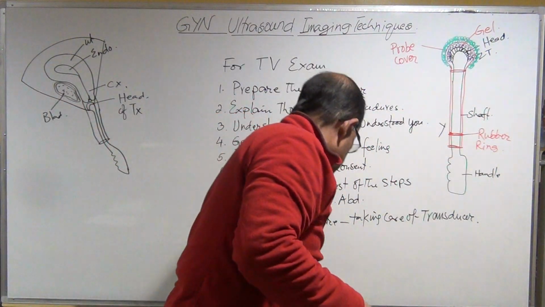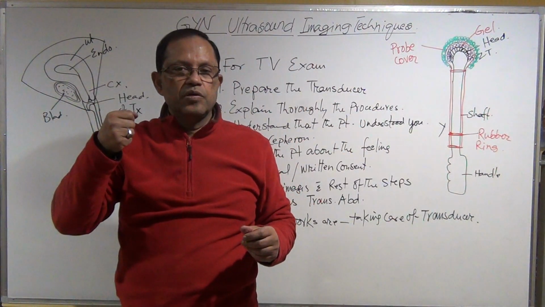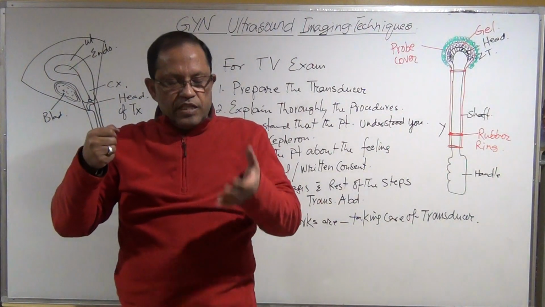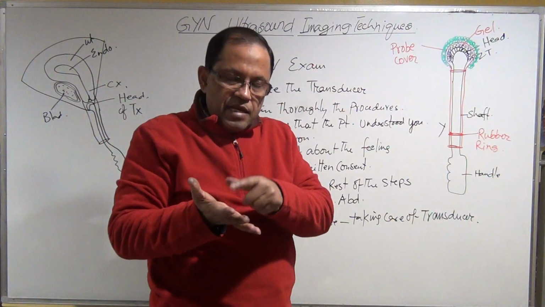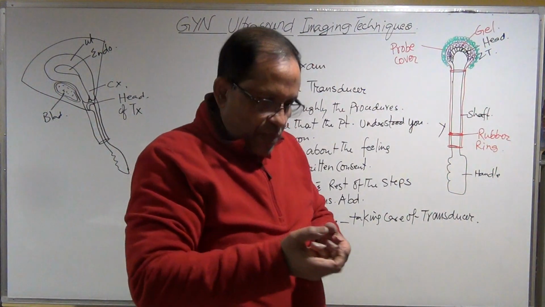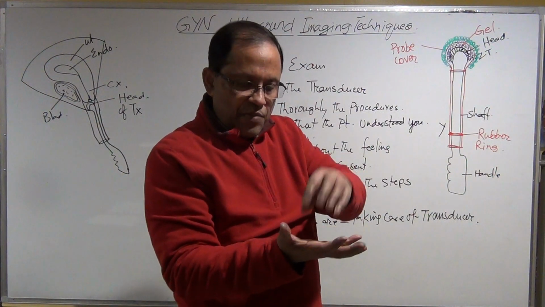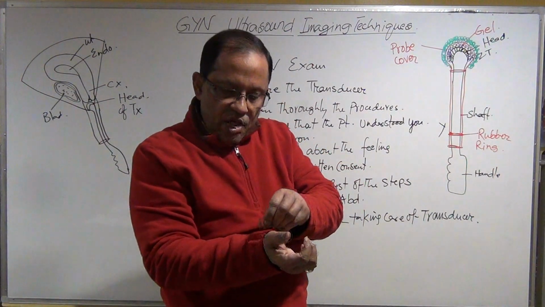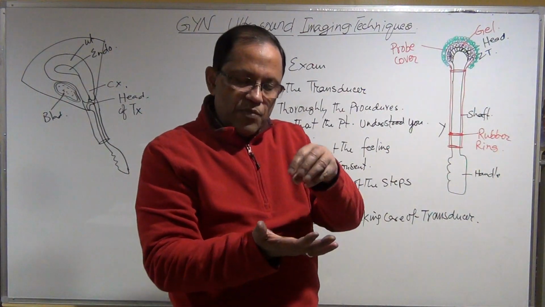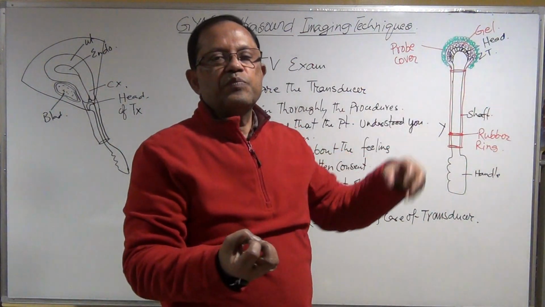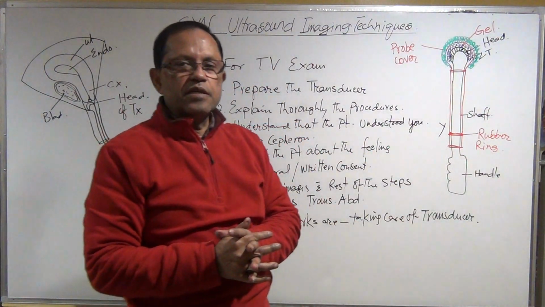And as soon as you take it out, hold the transducer in the left hand, and with the gloved right hand, take off the probe cover. Then take off the gloves, so the outside goes in and the probe cover is within the gloves. And now dispose of it into the designated container.